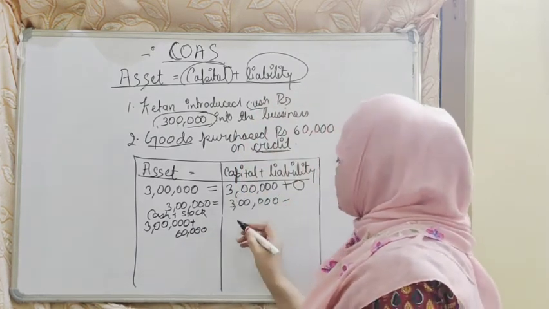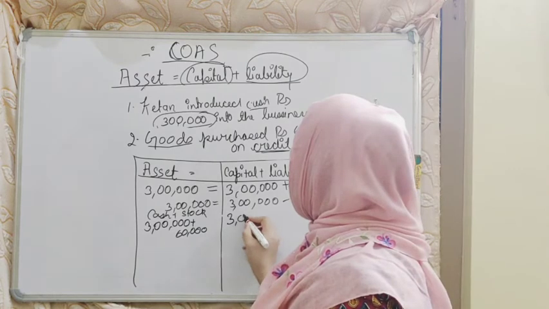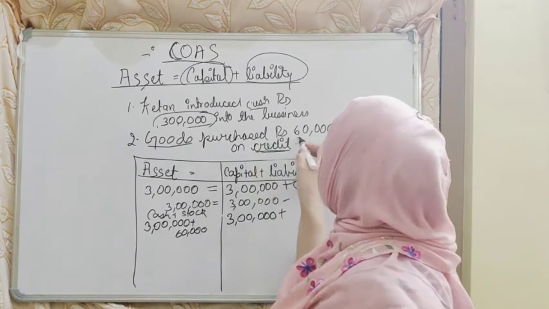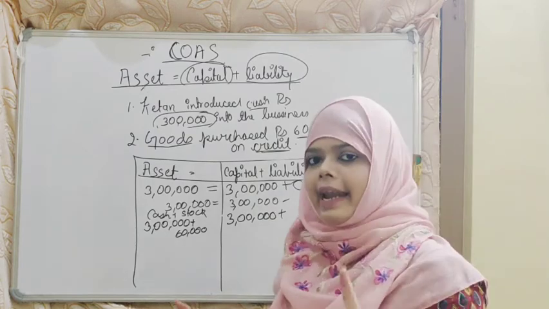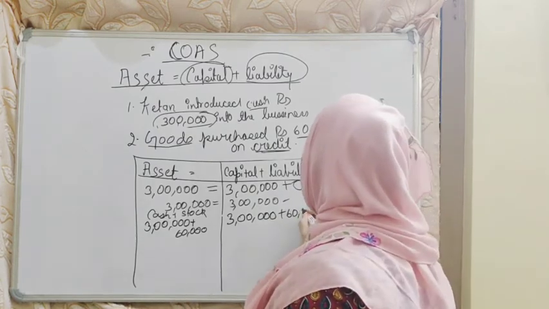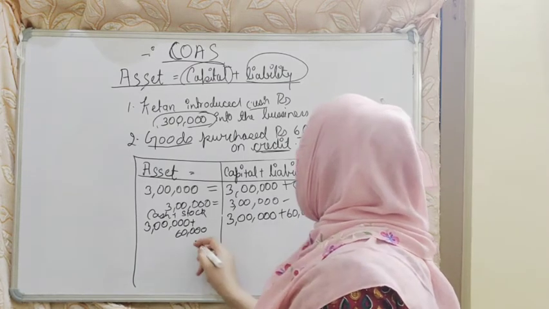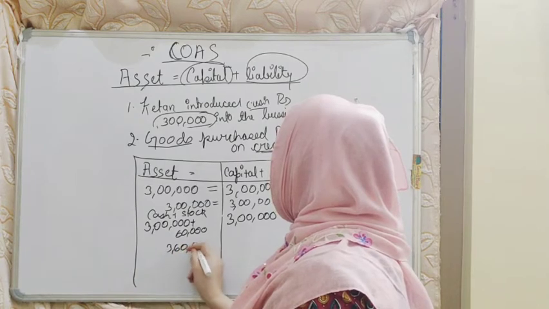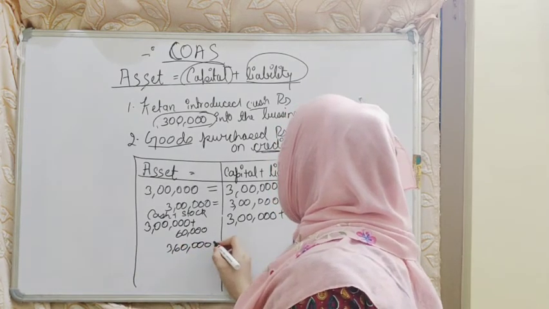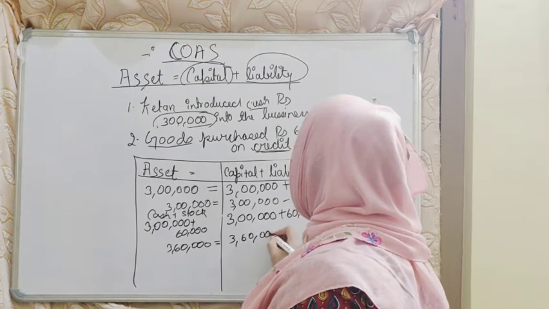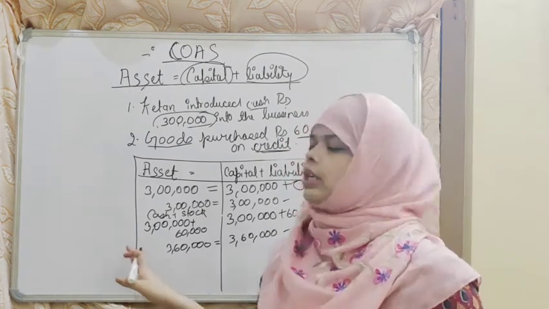Here we already have the capital of 3 lakhs, so we will write 3 lakhs, plus we have the liability of 60,000 on credit, meaning it is a liability, so we will write 60,000. So in total it comes to 3,60,000 is equal to 3,60,000. This is the second equation.